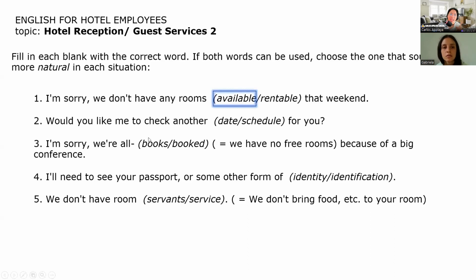Number 2, would you like me to check another date for you? Another date. I'm sorry, we're booked. Booked. I'll need to see your passport or some other form of identification.